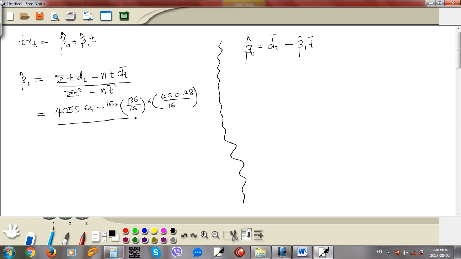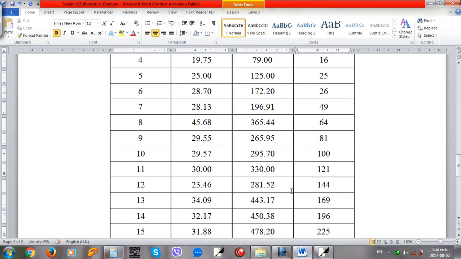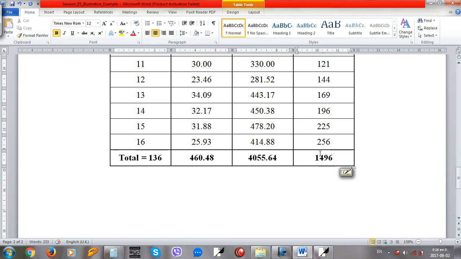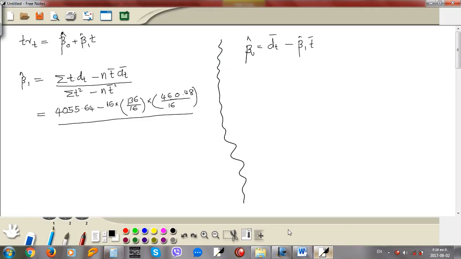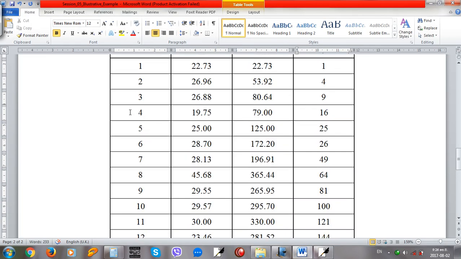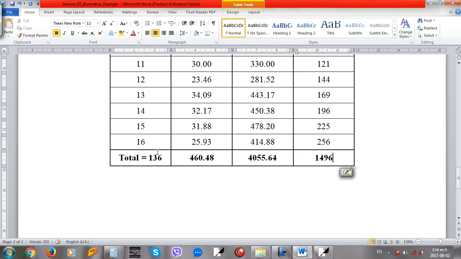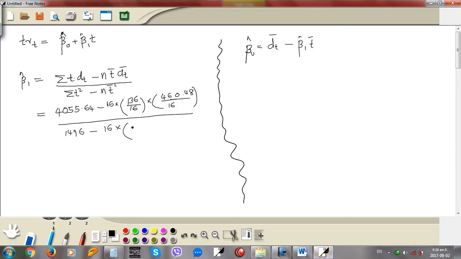Then sigma t squared is 1496, minus n, which is 16, times t bar squared. T bar means sigma t over n, that is 136 divided by 16, and t bar squared means you have to square all of these. Then you can cancel this 16 and this 16.